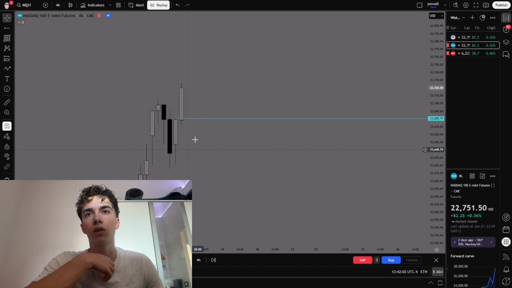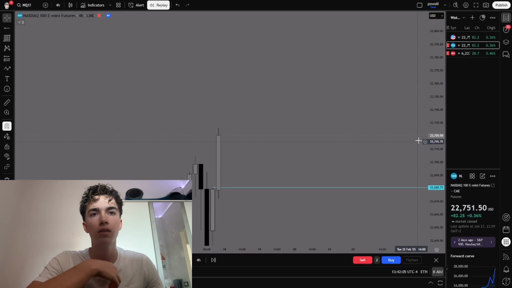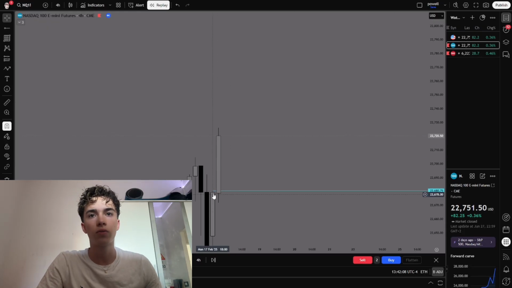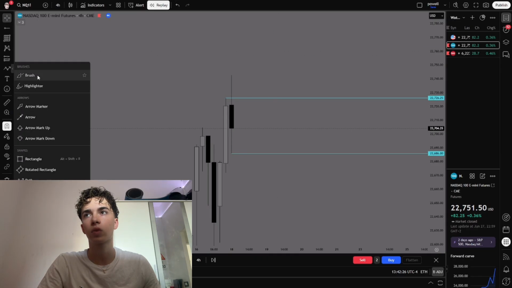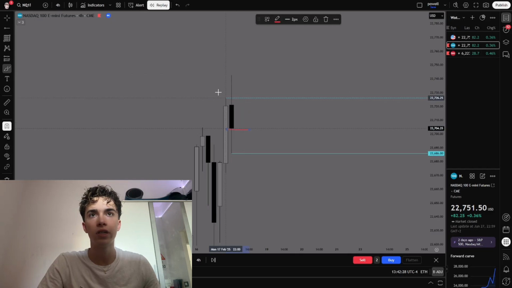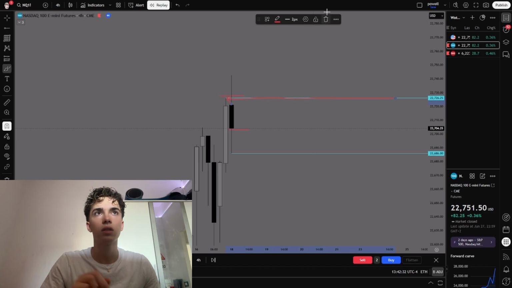Same thing, it got rejected, so we aim for the high again. See, taken out. We aim for the low because this was our target, but the candle closed here and not above this level. Okay, very easy.